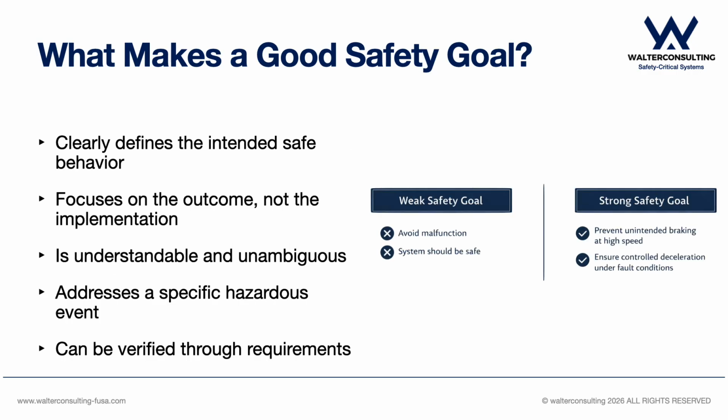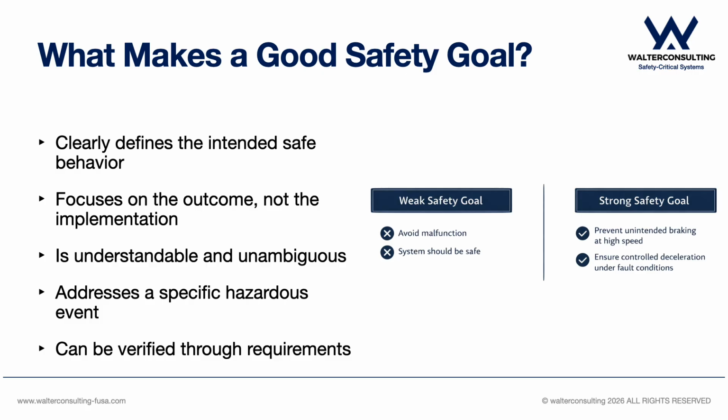So what makes a good safety goal? A good safety goal clearly defines the intended safe behavior of the system. It focuses on what must be achieved, not how it is implemented. Let's look at a simple comparison. A weak safety goal might say something like, avoid malfunction. But this is vague and not actionable.